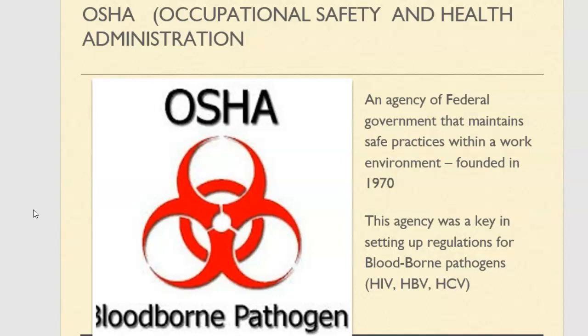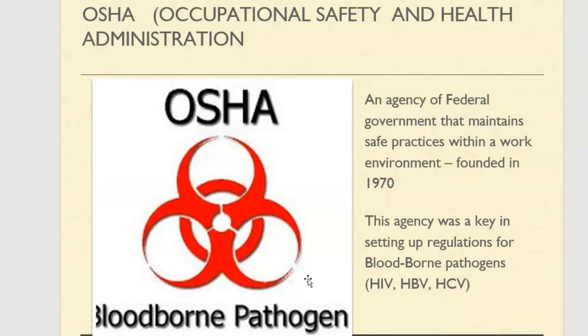This is an agency that started overseeing the bloodborne pathogen issue, which includes HIV, HBV, and HCV, hepatitis B and hepatitis C. They started setting the regulations first, and some of the things they required were the use of safety needles, biohazard waste cans, and proper disposal of products that have blood on them. So that's where OSHA came in.